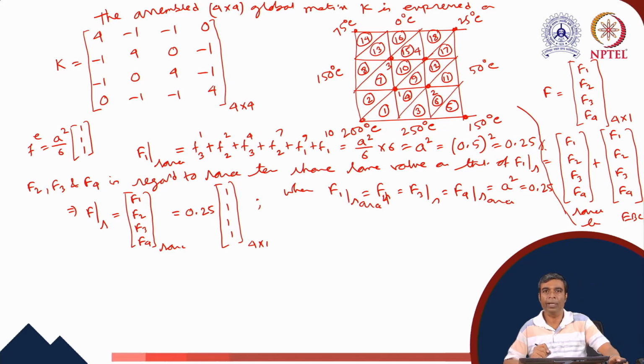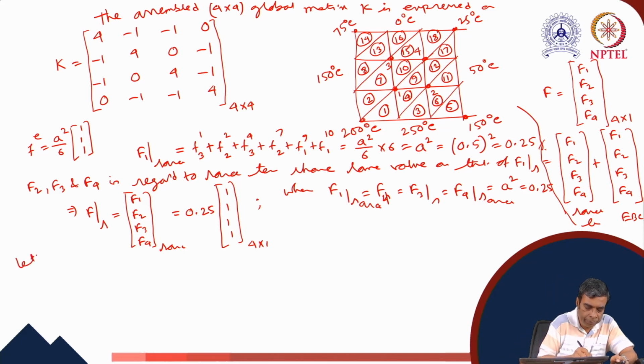So we can illustrate one case of implementation of the essential boundary condition. Let us consider the F1 EBC part.